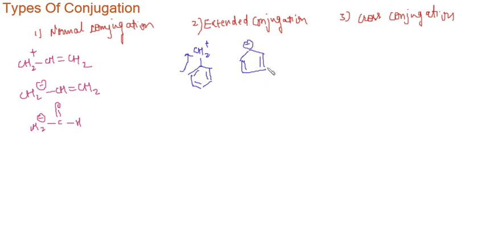This was the normal conjugation, and here it is extended, so it is extended conjugation. If you add some more conjugation to normal conjugation, then it is known as extended conjugation.